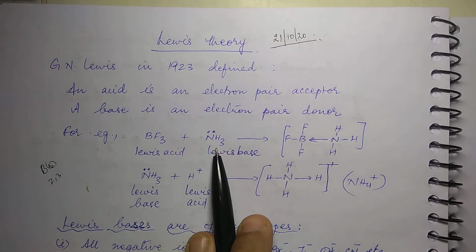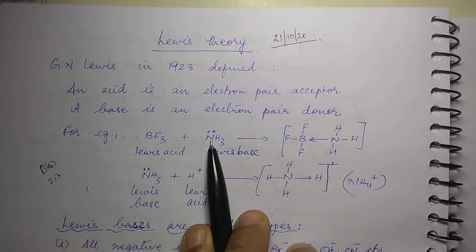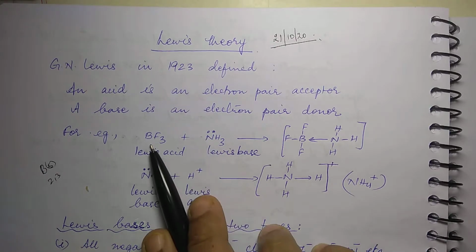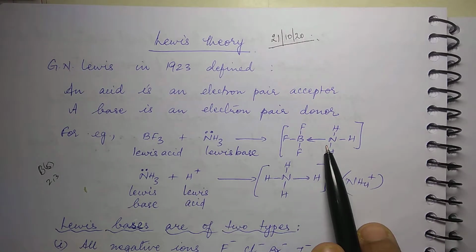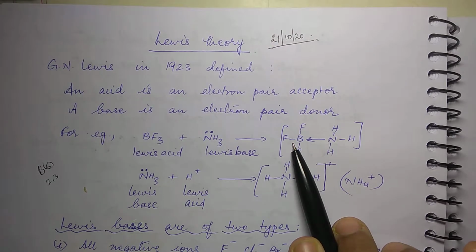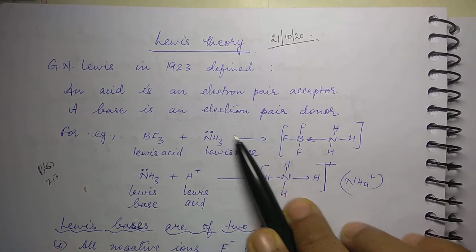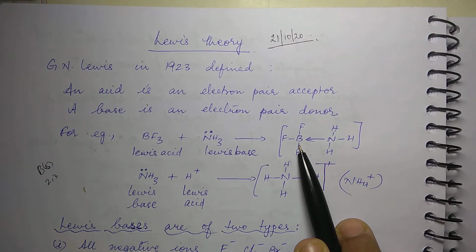From where? From ammonia. There is a lone pair of electrons on nitrogen. Now this nitrogen is giving its electron pair and also sharing it with boron. And what is the kind of bond that it forms? It is called a coordinate covalent bond. It is a covalent bond because the lone pair of electrons on nitrogen is shared between the two. But boron is not giving its share. It is not giving any electron.